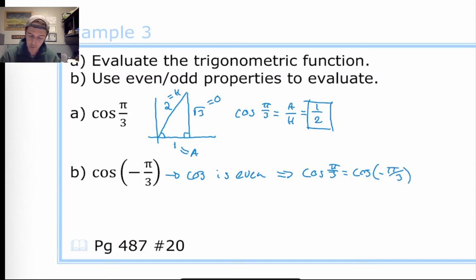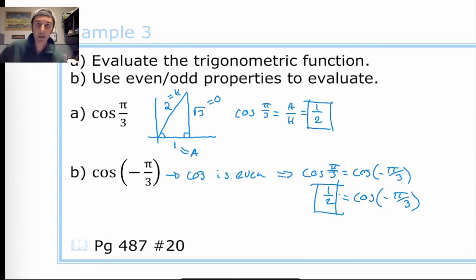And the cosine of pi over 3 was equal to 1/2, therefore the cosine of negative pi over 3 is also equal to 1/2. For an even function, if you negate the input, the output doesn't change. It's still positive 1/2.